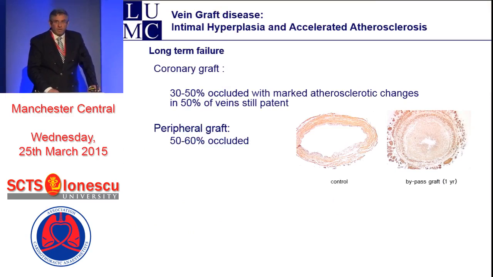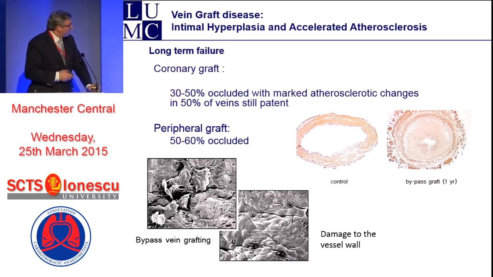We've been told this morning by several talks that vein graft failure is due to hyperplasia and accelerated atherosclerosis, and I won't bore you too much with the grade of failure. It's high in patients. But what's important to know is that one of the key triggers is the damage to the vessel wall when we graft this.